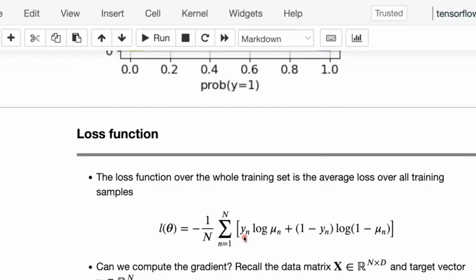It's binary. So if yn is equal to 1, then the loss function is technically this log of mu n. And if yn equals 0, then the first term vanishes and the second term is going to be log of 1 minus mu n. And then we take the average over here.